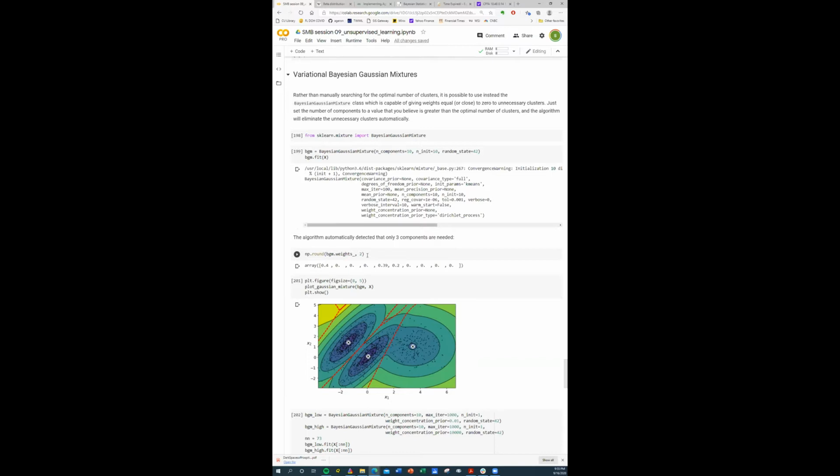I changed that random seed and then it didn't have a problem. So I got the message that the 10th iteration didn't converge. Is that the same thing you got? Initialization 10 did not converge. Try different initial parameters. Yeah, I got the same thing.